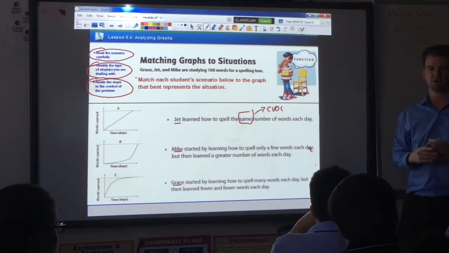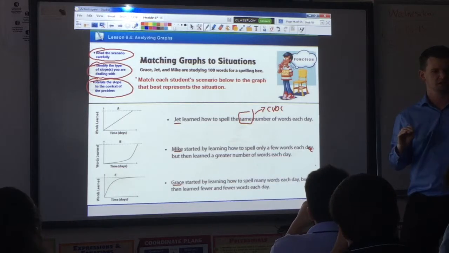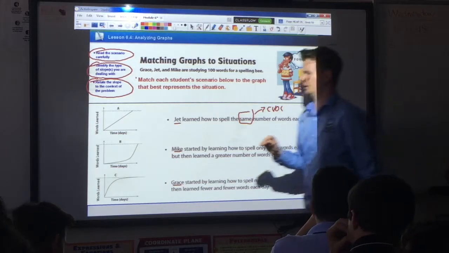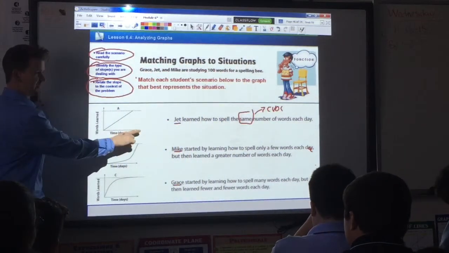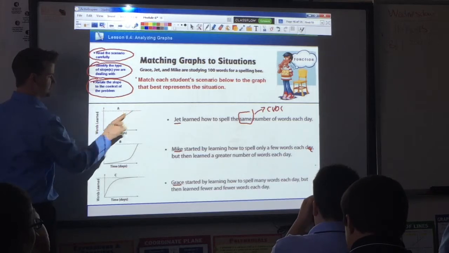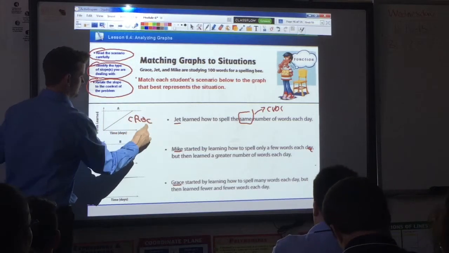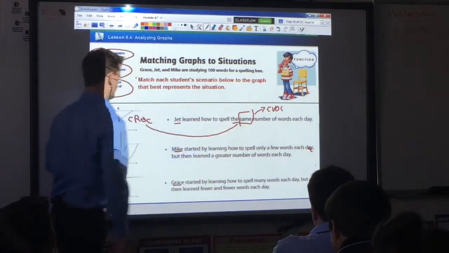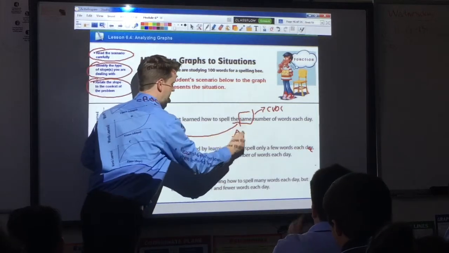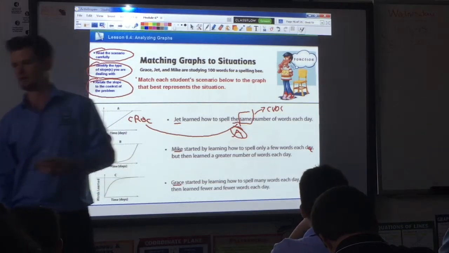Are any of these three graphs representative of a linear situation where you would learn the same words each day? Connor? Yeah, the first one. If I look at the first one, as time passes, he's learning the same number of words, so his vocabulary words increase. This is a constant rate of change right here, and that is synonymous with the word same. So this is indeed graph A. It's just that simple. Thank you, Connor. And thank you, Viviana, for reading it.